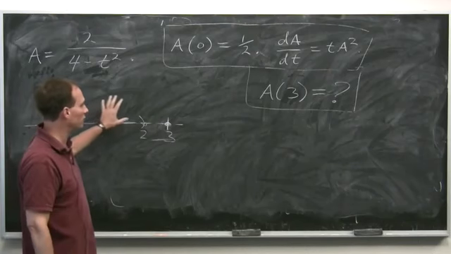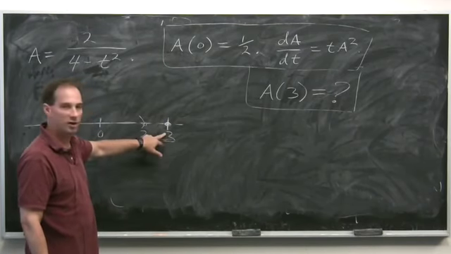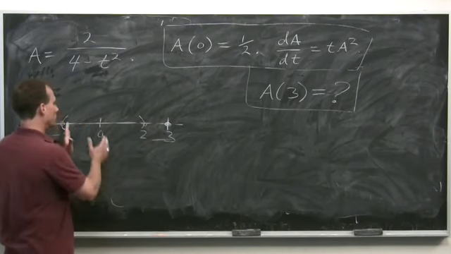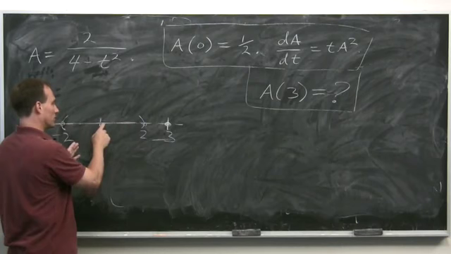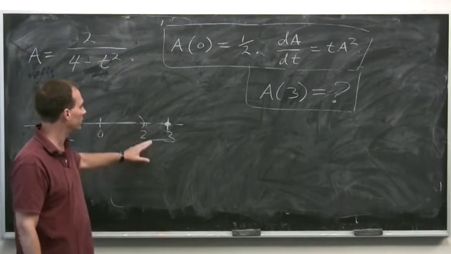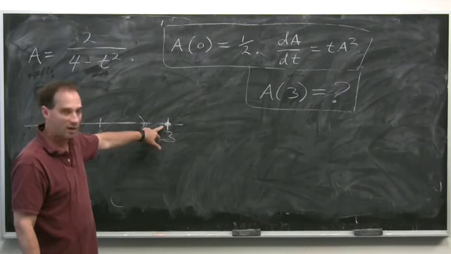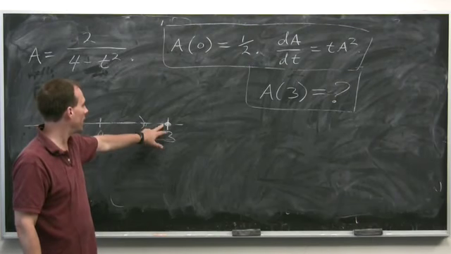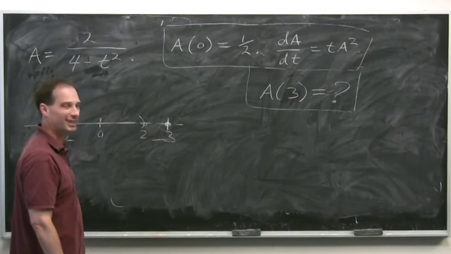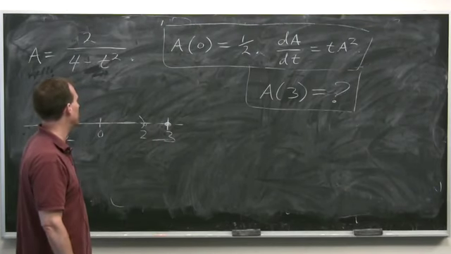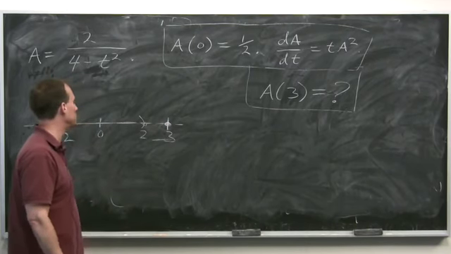If someone asks you for the value of your function far enough away, so outside of the interval where your solution really is a solution that contains the initial data, it's possible that you can decide what happens out here, but it's not likely. And you really would need to be given information about what happens out there.